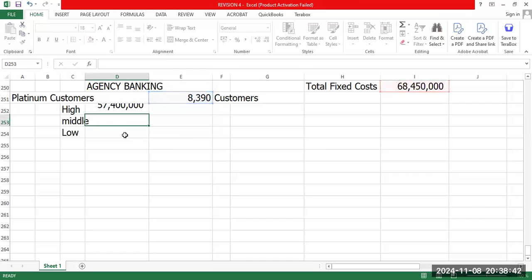Then for mid-row it will be revenue per customer 50 minus direct cost per customer 28, times the number of customers minus fixed costs.